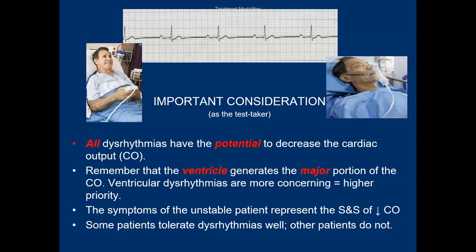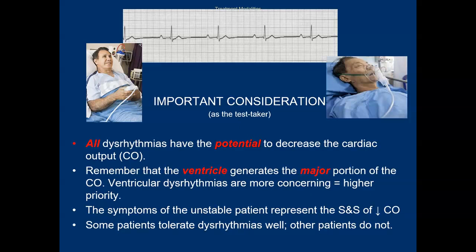Yes, the atria contribute, but in a much lesser way. So whenever we're looking at a symptomatic patient with a ventricular dysrhythmia, we're always going to consider that important, because they may not have major symptoms now, but that doesn't mean over a longer period of time they won't have worsening symptoms.